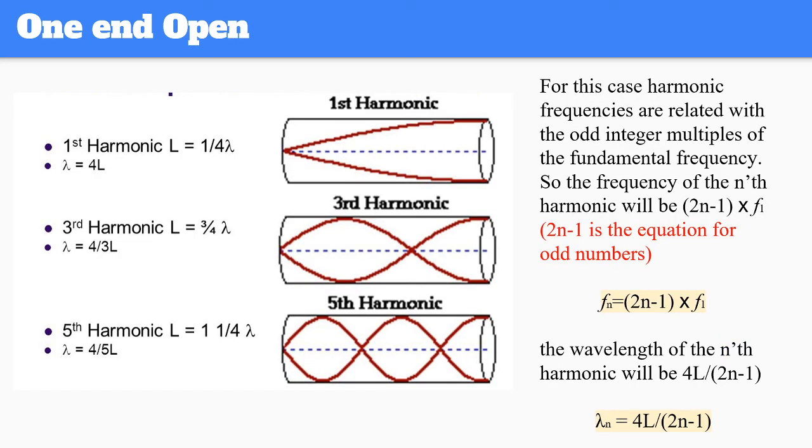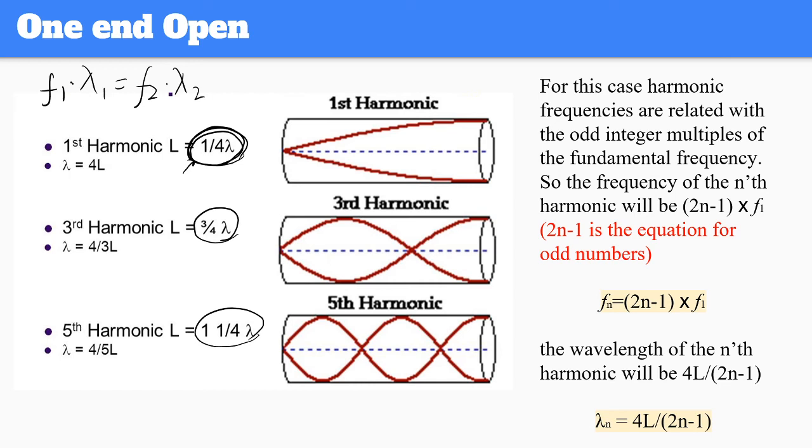But if we have a one-end-open system, in the previous one we were going with half of a lambda, but this time we're going to go with quarters of lambdas. So the first one is going to be a quarter of a lambda, the second one is 3/4, and the third one is going to be 5/4 of a wavelength. So in that case, once you do the math, f1 times lambda 1 equals f2 times lambda 2.